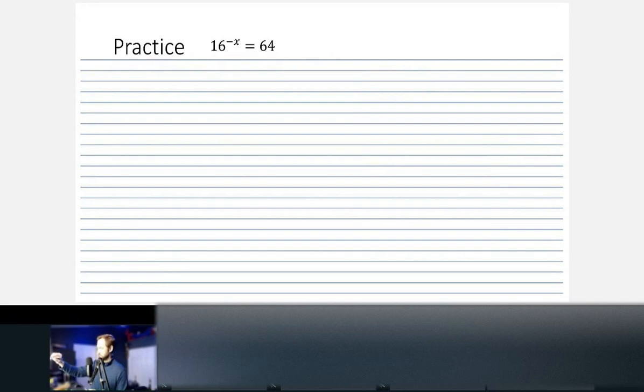So I'm going to have 4 squared, and then don't forget we have this negative x, so we just multiply them together. How can I write 64? 64 is 4 cubed. It sure is, so 4 cubed. Does everyone see how we did that?